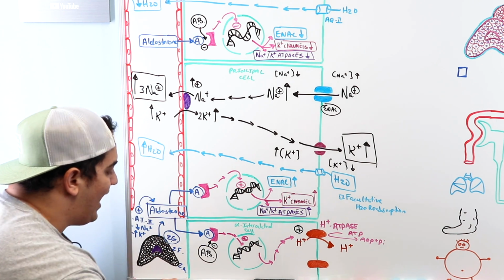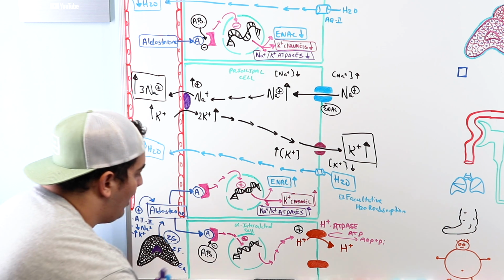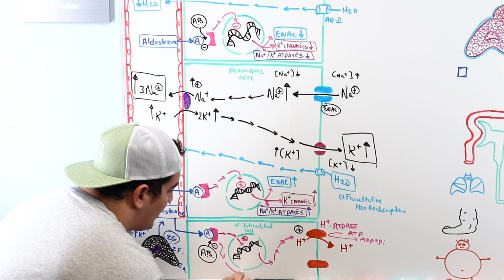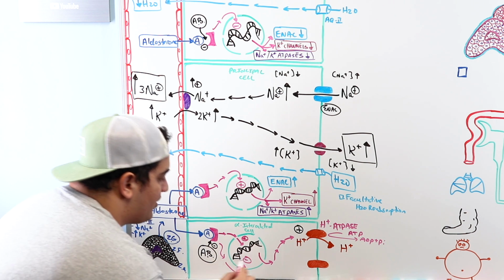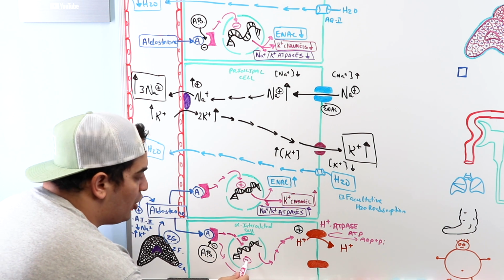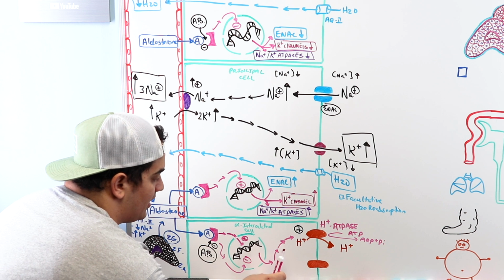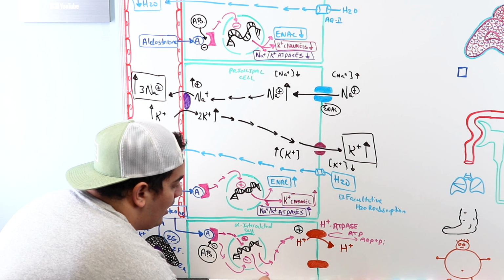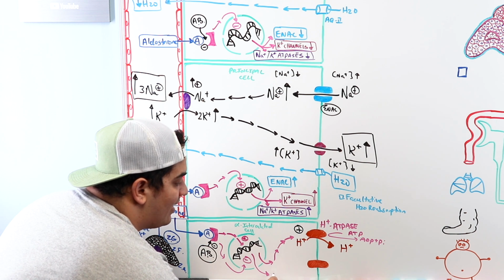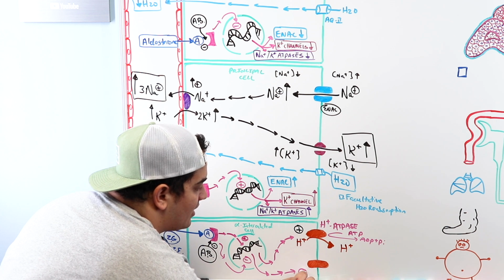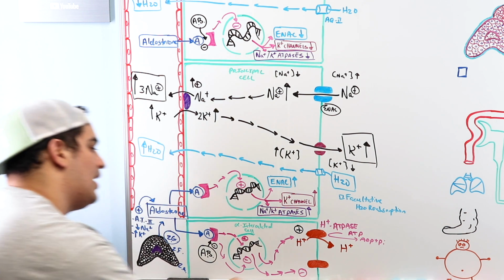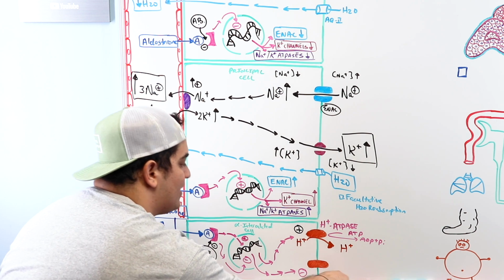If you inhibit this attachment, that means that less of this complex is going to get into the cellular nucleus, and that means there's going to be less activation of particular genes or gene sequences. That means that less proteins are going to get synthesized, and which proteins are going to be decreased in their synthesis? Guys, it's going to be these proton ATPases.